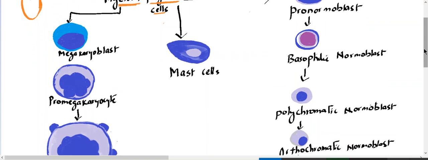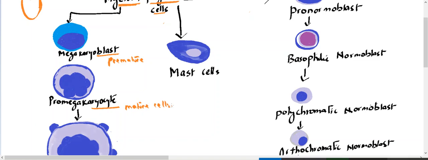So by definition guys, blast means it is a premature cell. It is a premature cell, that's a blast. And when the vignette is talking about cyte, that means it is a mature cell.